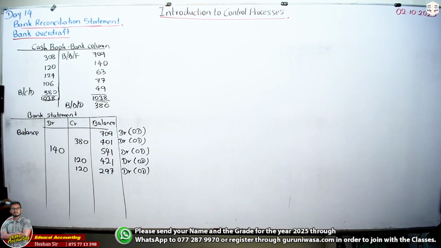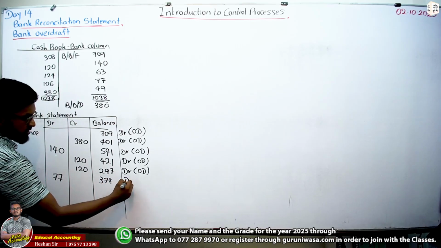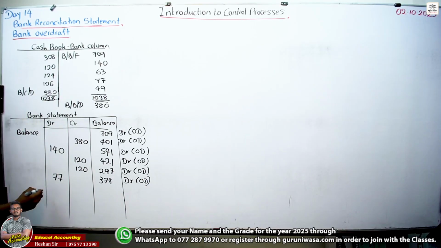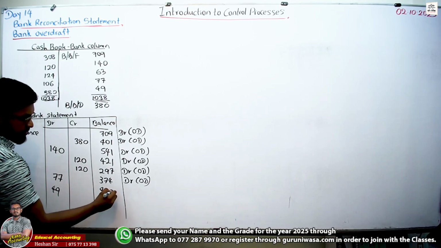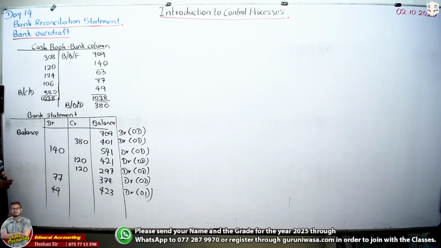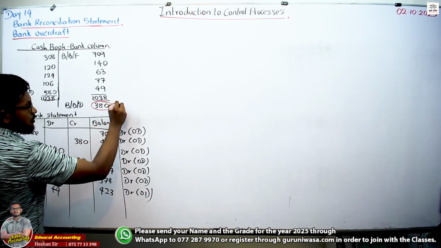Right? Once we withdraw 77, the overdraft will increase to 374, still a debit balance. Once we withdraw 49, this will decrease to 423 debit balance, which means now you can see this is the overdraft of 380 OD.